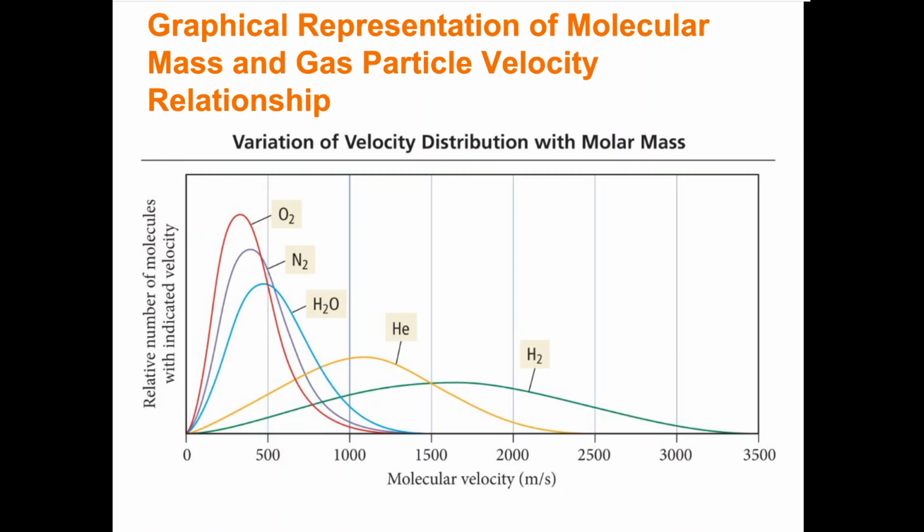So it gives you an idea of how fast the average molecule of gas will be traveling at a given temperature. Speed increases with increasing temperature, and therefore we have an increased kinetic energy. And speed decreases with increased molar mass. So this puts both of those things together, and it behaves more like a real gas.